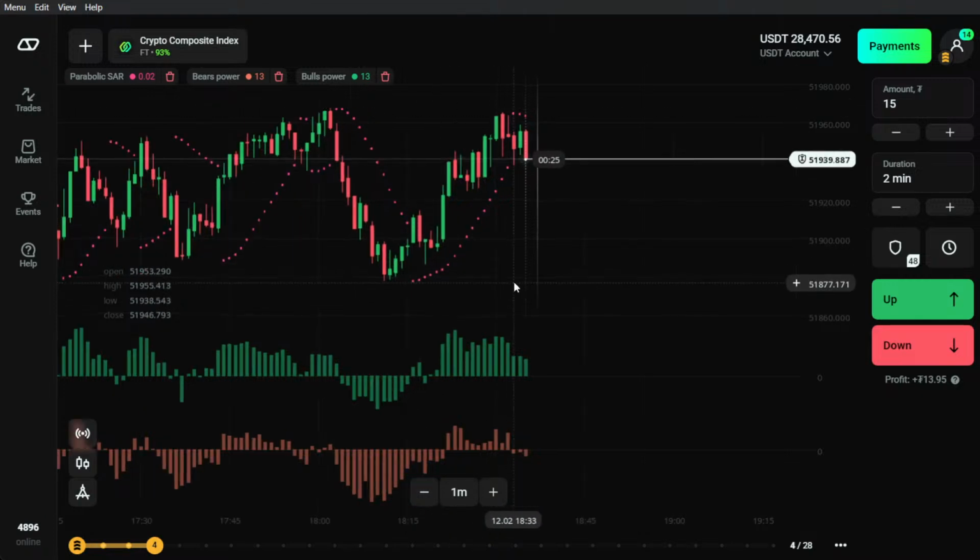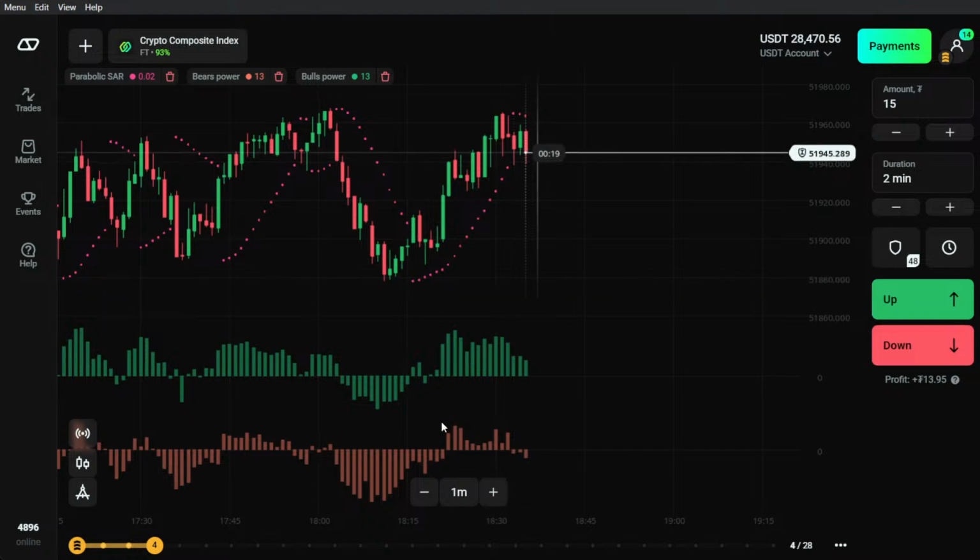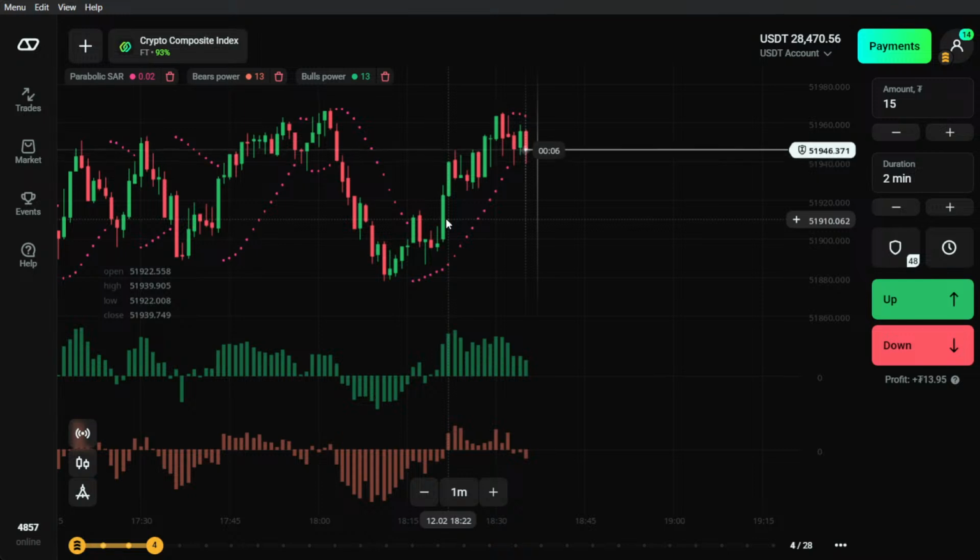Now let's understand the confrontation strategy first. If you see that the candles are forming above the zero line, the bull power is above the zero line, the bear power is also above the zero line, and the parabolic goes below the candle and the color of the candle is green, you make a 2 to 3 minutes up trade.